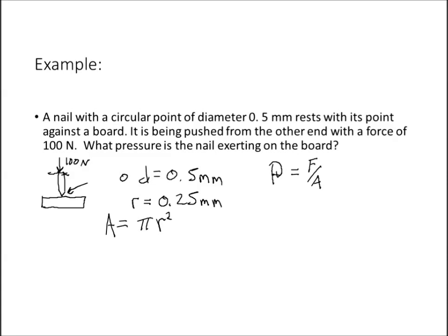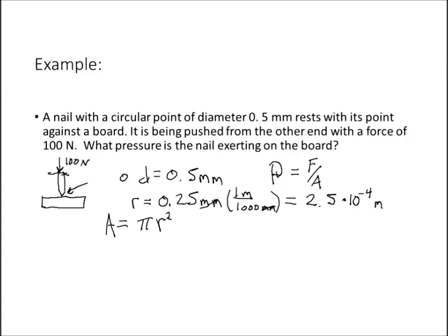We'll say that 1 meter is 1,000 millimeters. So the millimeters cancel, and we're left with meters. That's going to give us a radius of 2.5 times 10 to the minus 4 meters.